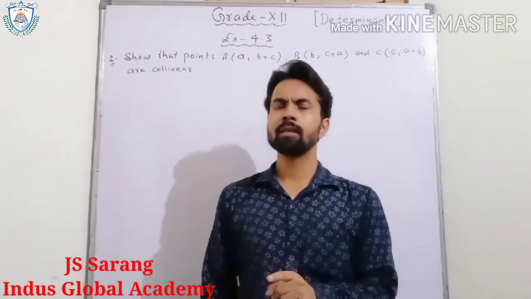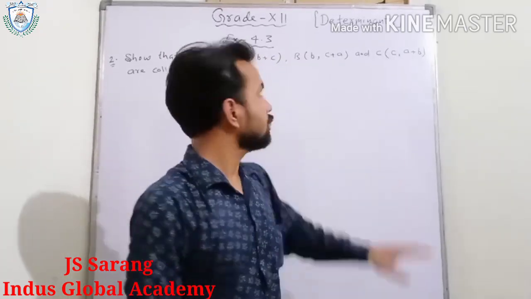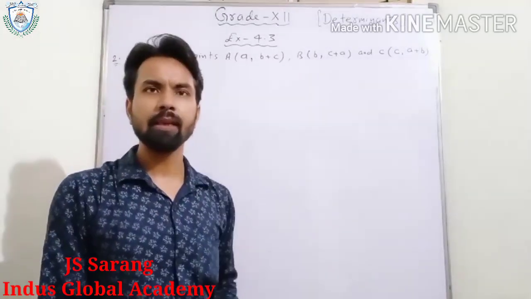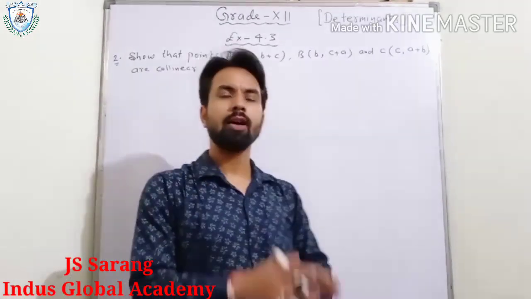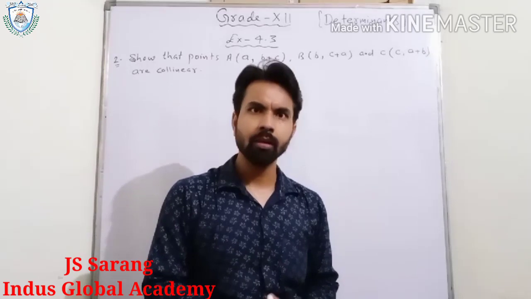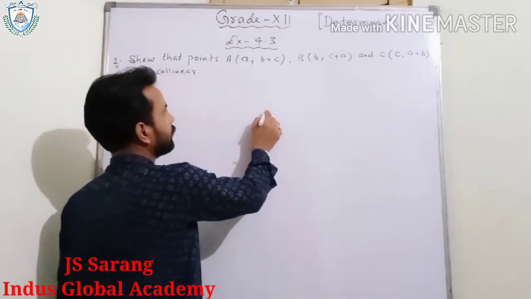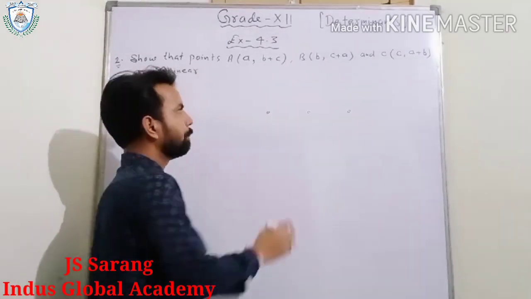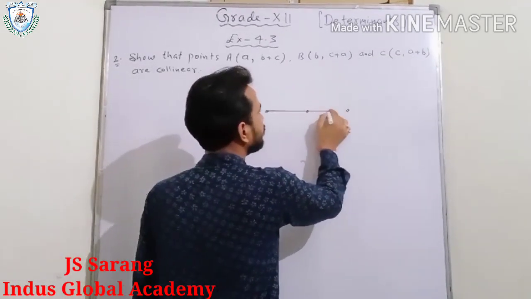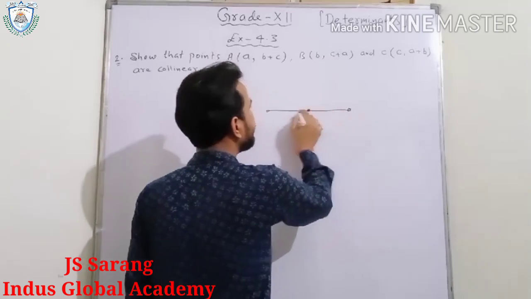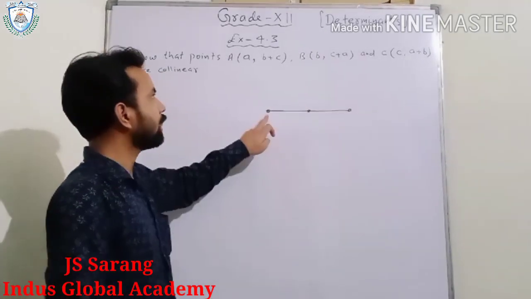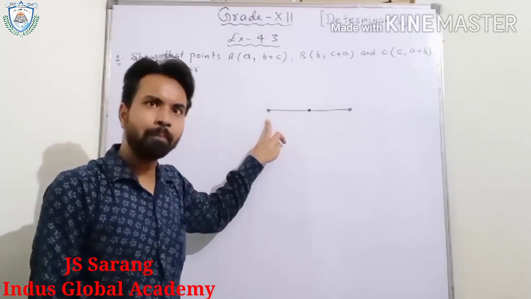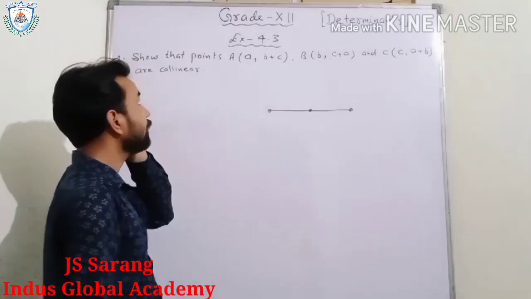So students, if all 3 points lie on the same straight line, they will not form a triangle. Understood? If 3 points are collinear, they are on the same straight line, so we cannot form a triangle by these 3 points.